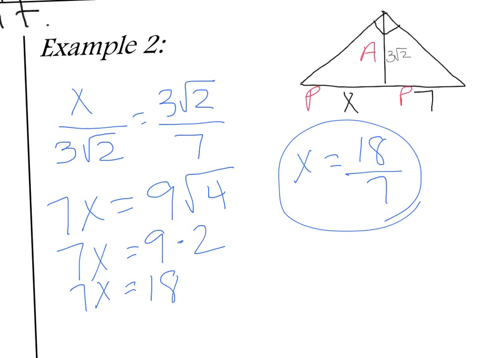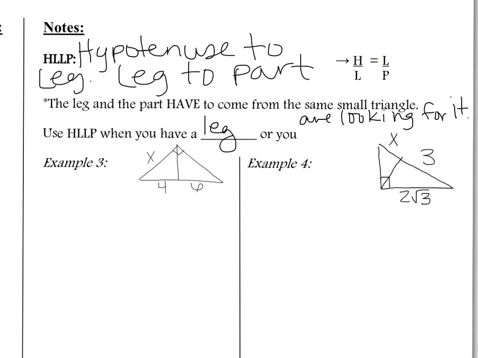Just like that. Good. Okay, so the other proportion is HLLP, and it stands for hypotenuse to leg, leg to part. So hypotenuse, the whole long side of the big triangle, over leg, one of the legs of the big triangle, equals leg over part. So again, just like in PAAP, this catty corner right here, this leg, will be the same leg.